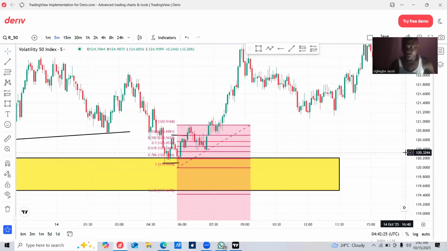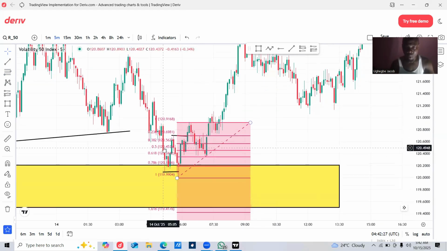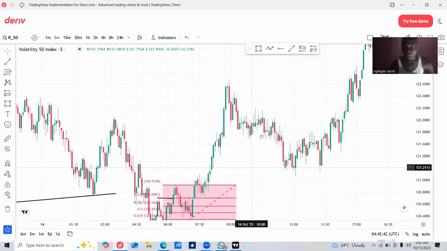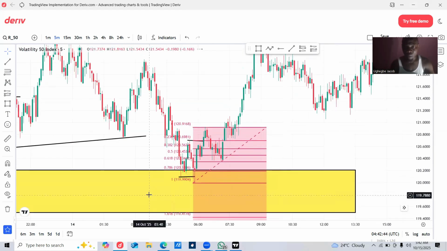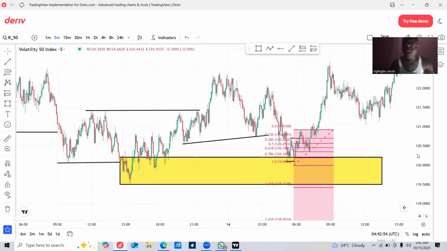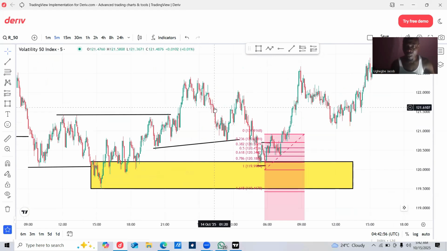You can see that immediately the market broke this high in a lower time frame, the market pushed back to the 0.61 level, and you see immediately the market expanded up. So this is the reason why I said you must look for a lower time frame confirmation. But remember, I told you that you can also take your profit at this high here.